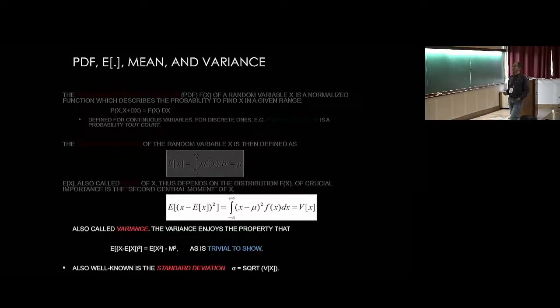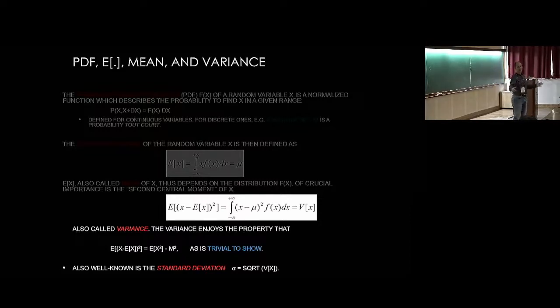The variance is very important because it gives you a way to size up how fat your distribution is. Okay, the mean of this distribution is mu, but really how much is x free to vary around mu? How widely can it vary?